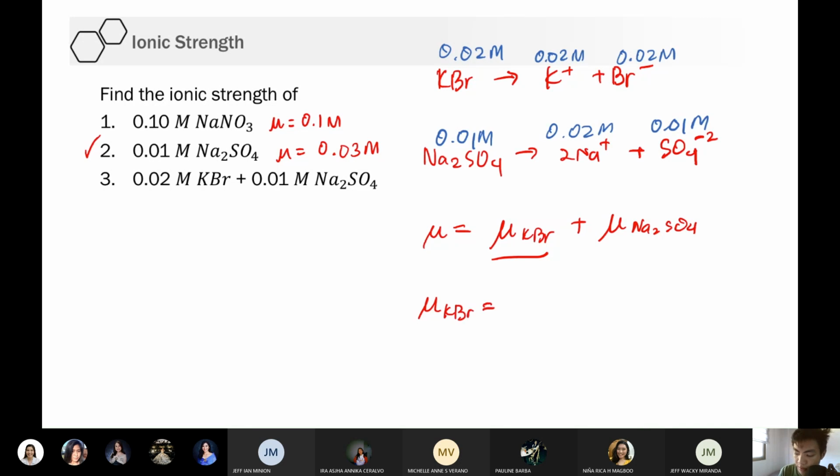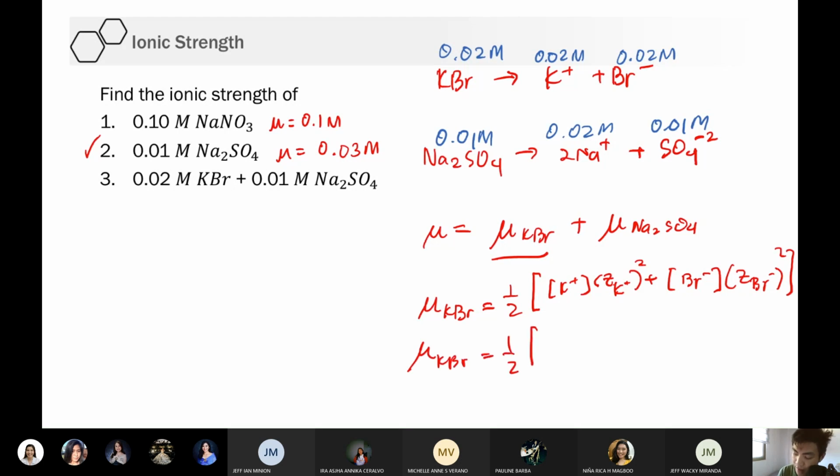To get the ionic strength of KBr, it's 1/2 the concentration of K plus times the charge of potassium ion squared, plus the concentration of bromide ion times the charge of the bromide ion squared. So that will be 1/2, the concentration of potassium is 0.02, charge of potassium is positive 1 squared.